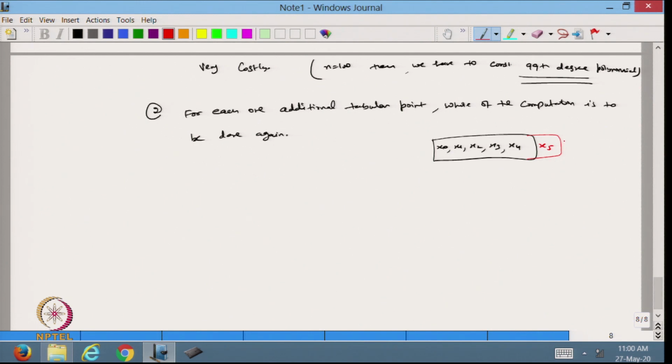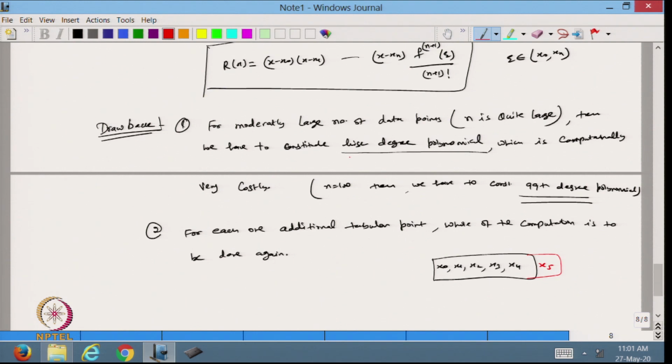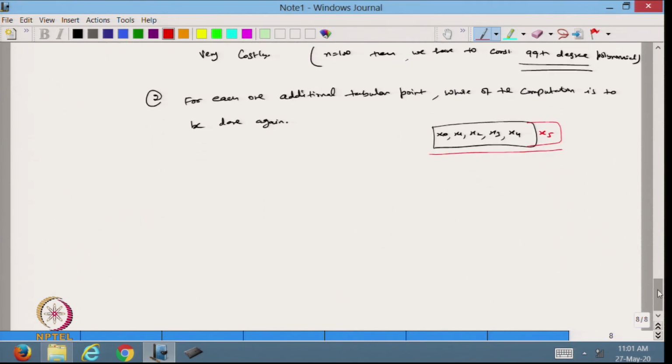So, that costs a lot, and it can be said that it is computationally costly. So, that is another drawback of this one. So, the first drawback was the higher degree polynomial, and the second drawback was that adding one more point needs the whole process to be repeated again.